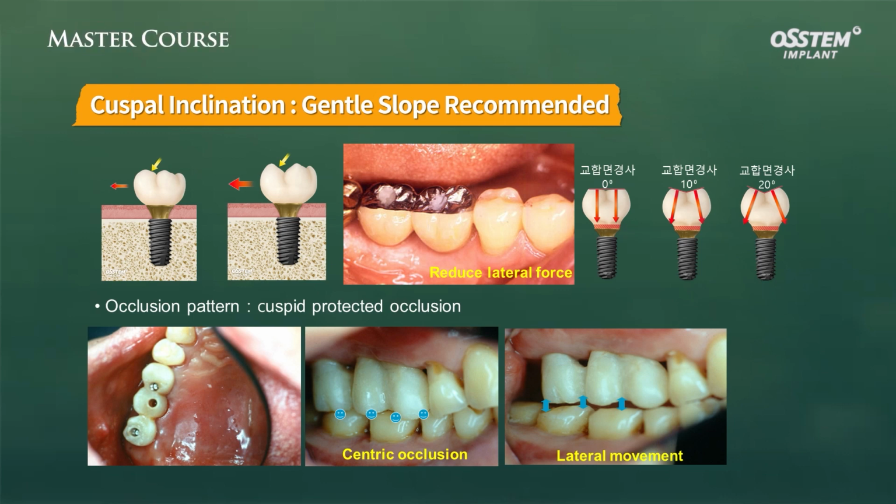When we provide an implant prosthesis design in centric relation, we need to have contact in centric relation in order to grind food, but when a lateral movement is done, if the canine or premolar is a natural tooth, it should be guided by the natural tooth, and in the posterior area where the implant has been placed, it should be discluded.